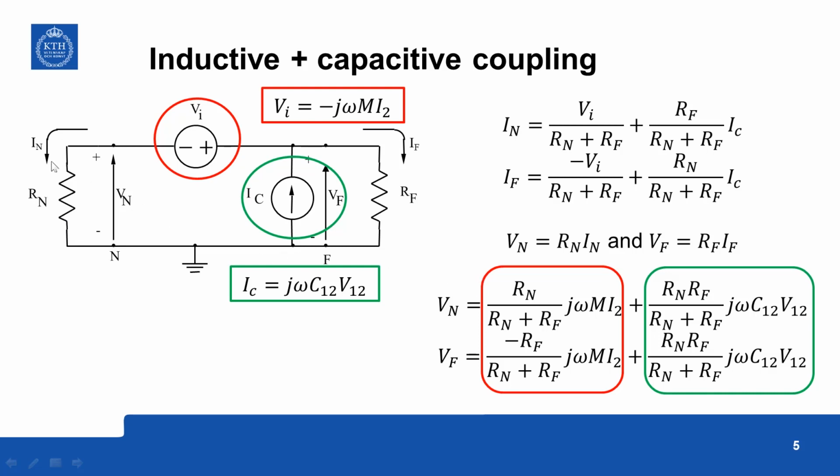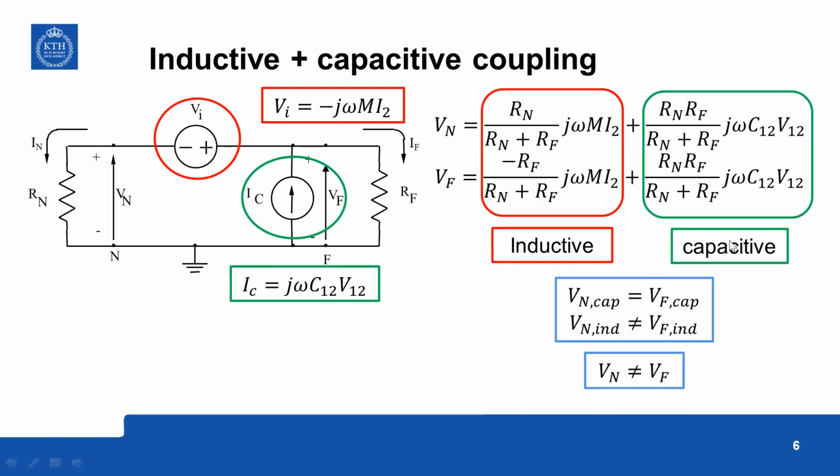Remember that near end and far end are in relation to where the source is in the original circuit. Because we drew the source in the near end, that is the near end, and the other one is the far end.